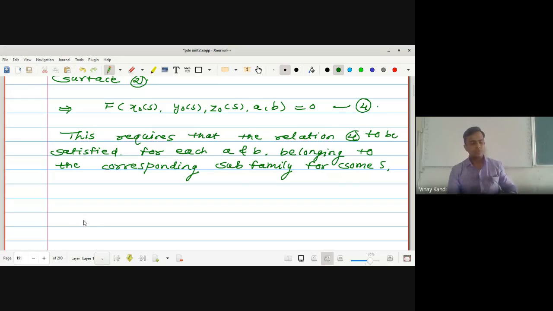Now, to eliminate s, differentiate equation 4 with respect to s.